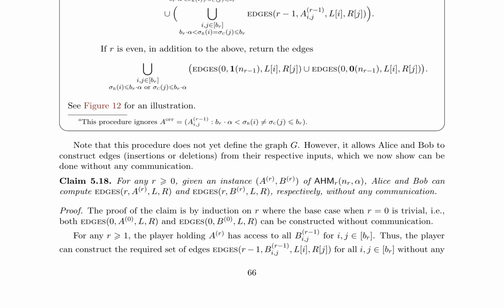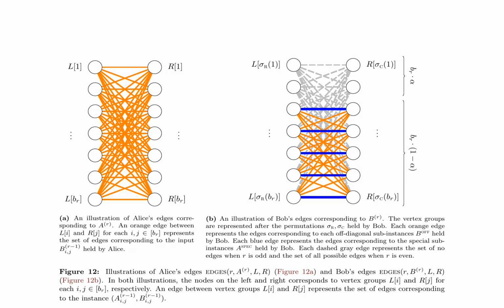in the protocol. Figure 12 illustrates the construction of bipartite graphs for instances of the approximate hypergraph matching (AHM) problem. The figure depicts edges corresponding to input instances A_r and B_r, held by Alice and Bob, represented as orange, blue, and dashed gray lines, signifying different subinstances.